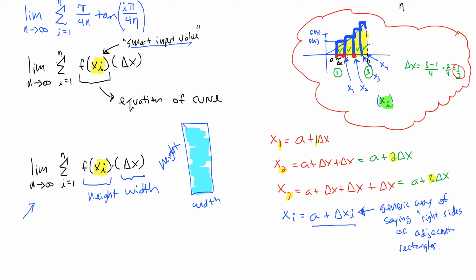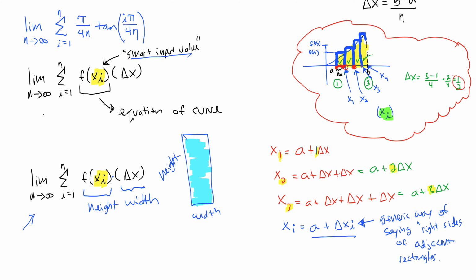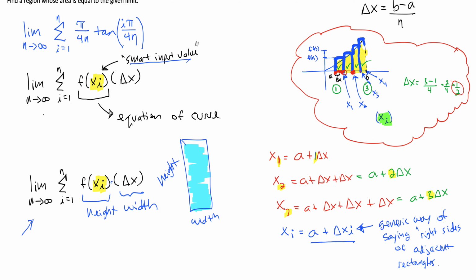All right, so back to our original problem. We know that our original problem has a function, and there's this delta x. We know our delta x because it's the thing times the function, and this looks awfully like a function right here. So that means that this right here is our delta x. Let me copy that down.